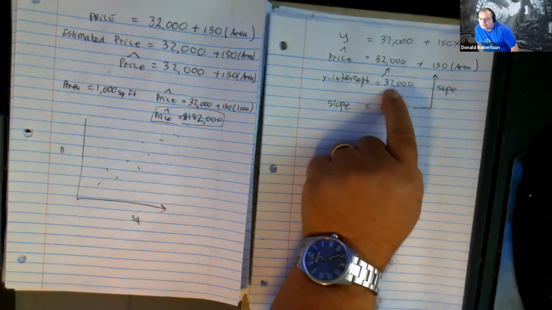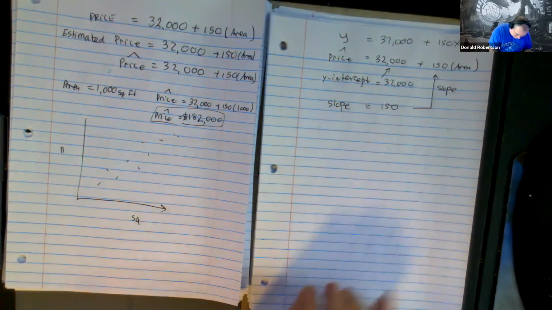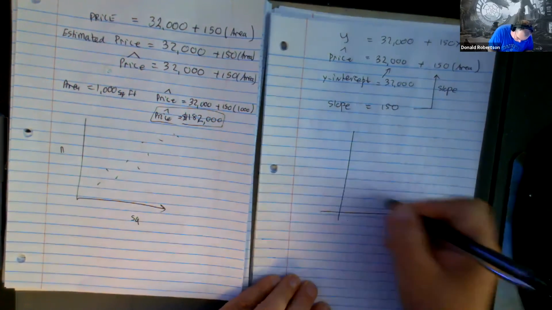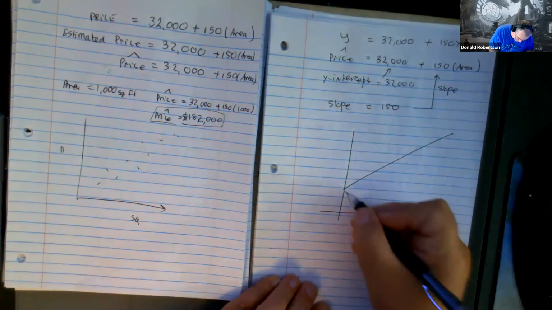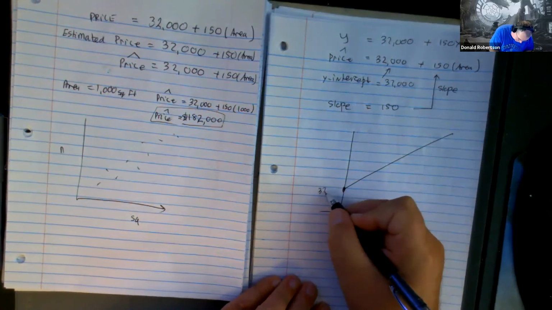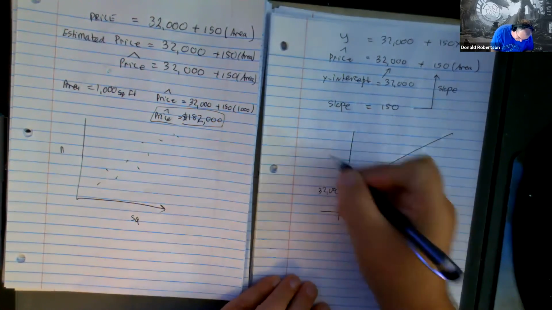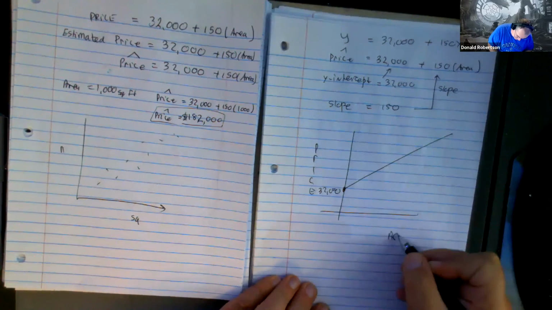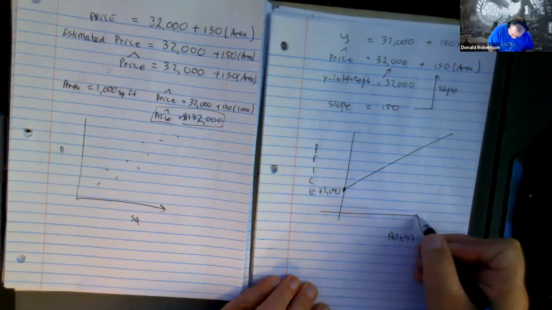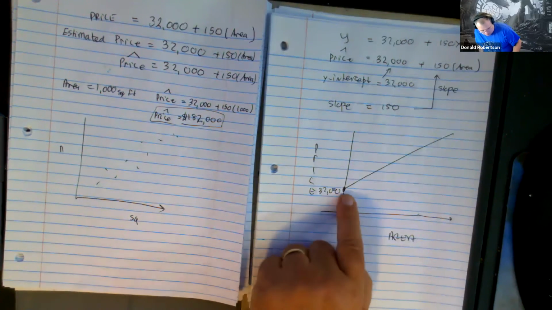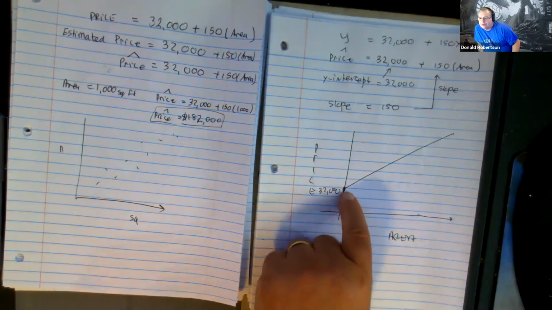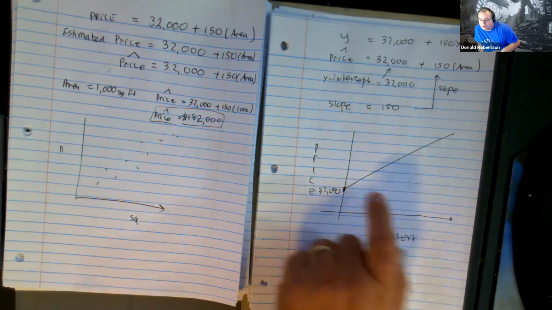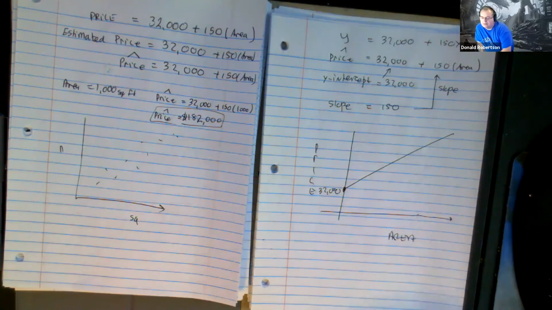Let's look at the y-intercept. If I drew this data, it would look something like this. And that guy there would be at 32,000, right? This is the price of the house here, and along here would be the area. What does that 32,000 tell us about buying a house in this area?